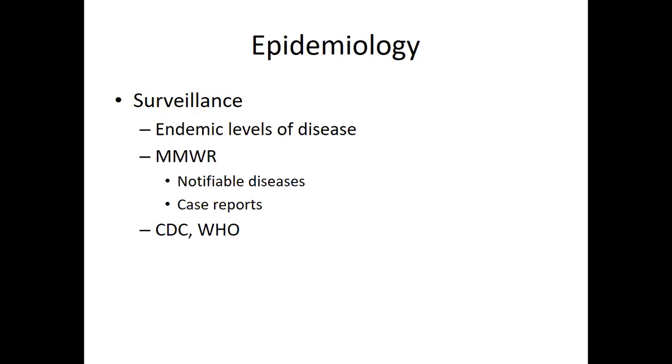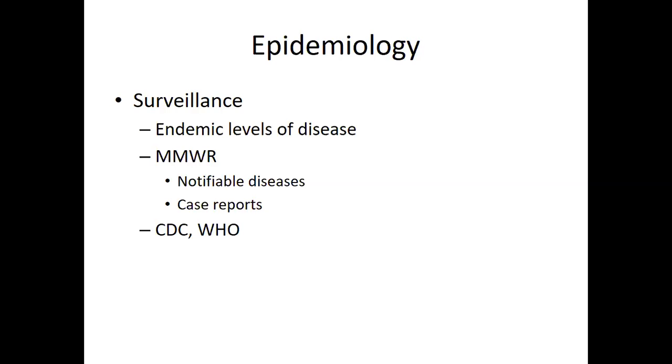Is it cervical cancer? I can't remember. Anyway, they started presenting with very odd diseases that you typically don't see in healthy individuals, and that was the first red flag that told us we had a problem.